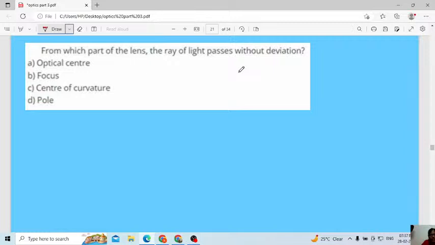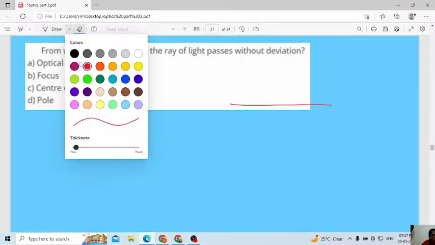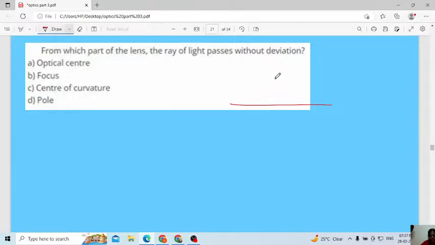Okay, what is the answer for this? From which part of the lens does the ray of light pass without deviation? Everyone is telling option C, center of curvature, no. I will draw the diagram, then you will come to know. Consider this is the lens.